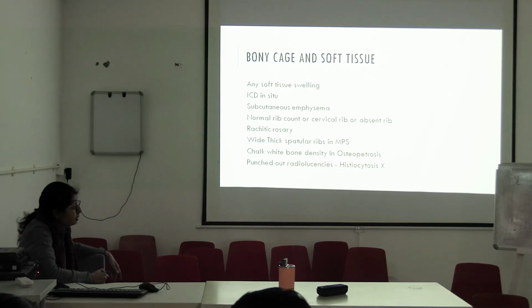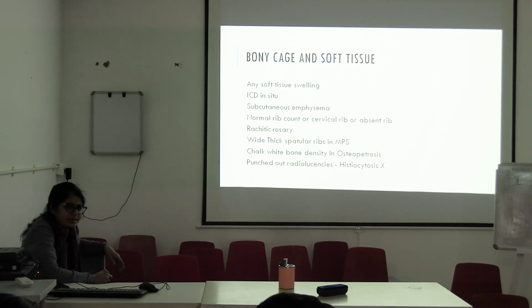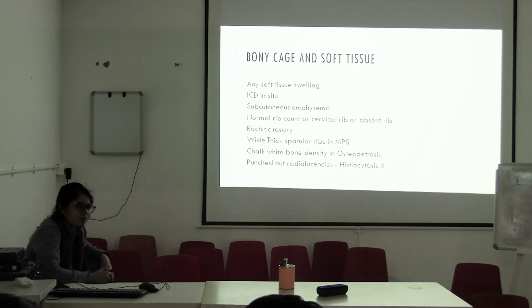There are some abnormal shapes and structure of the ribs. There is a condition called mucopolysaccharidosis. It is a metabolic disorder. What happens there?